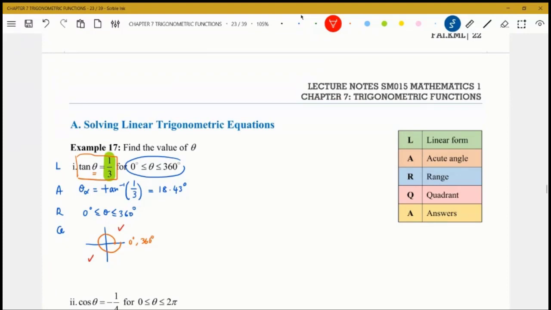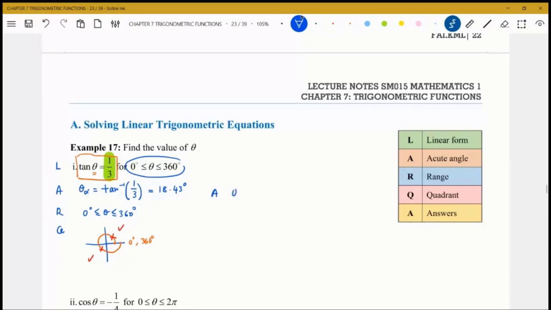So tangent positive, it lies on the first quadrant and third quadrant. Bermaksud graf kamu adalah pada yang ini dan juga ini. Okay, so angle di sini dan juga pada third quadrant. Okay, so we gonna have to find your A ataupun answer kita.